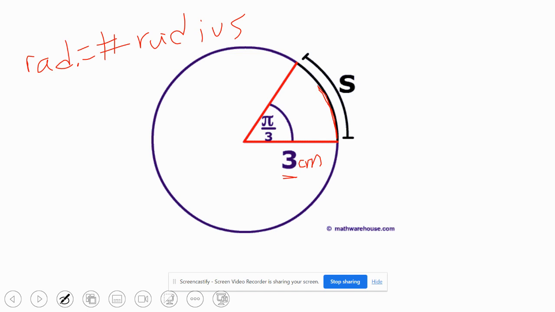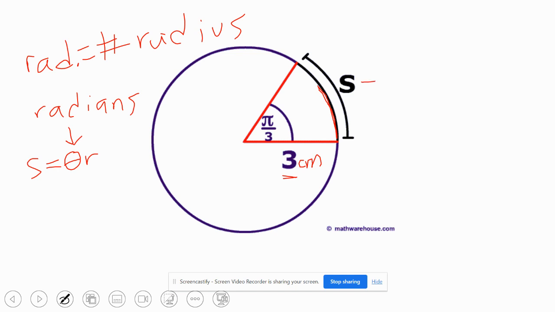So essentially, my formula here is that arc length equals the radius times the measure in radians. We use theta as the measure of angles in this case. That's going to be the measure in radians. So I basically multiply the number of radians times the radius length.